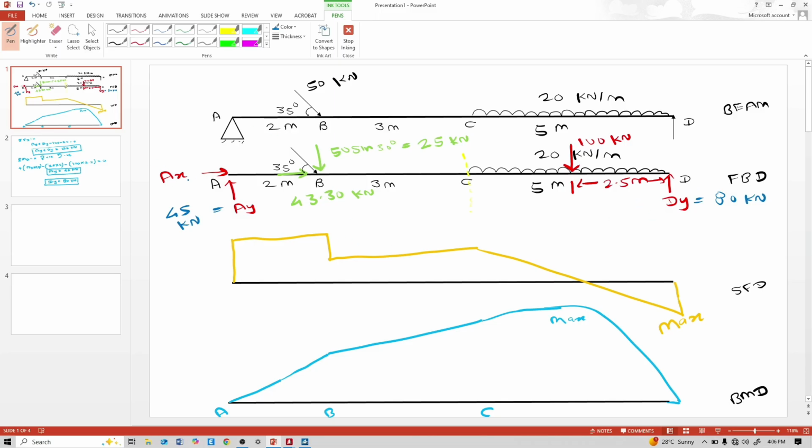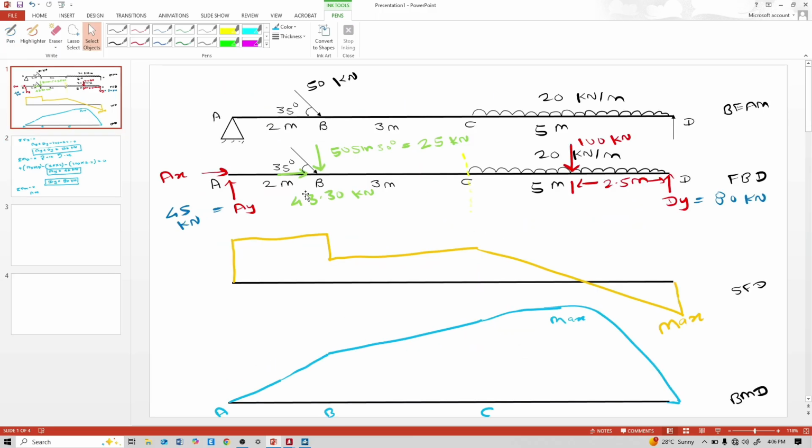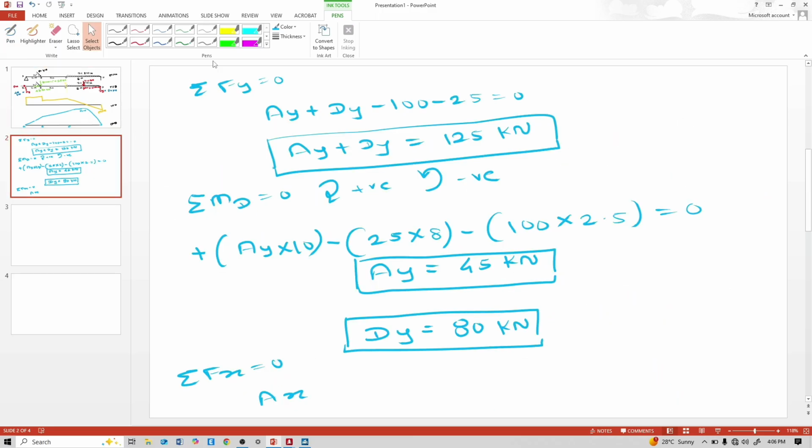Now we need to calculate this AX. Take summation of Fx equal to 0. Positive AX, positive 43.30. That means this AX is minus 43.30 kilonewton.